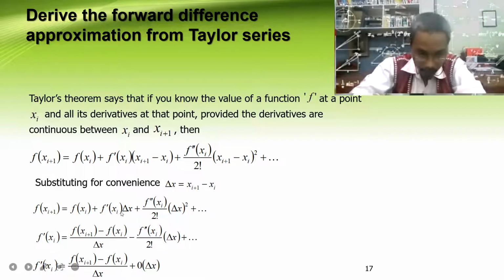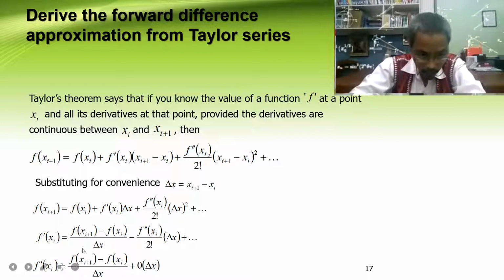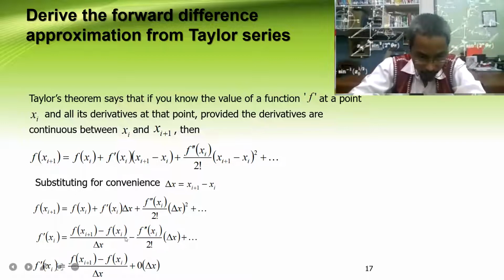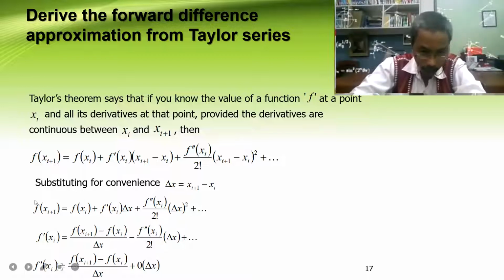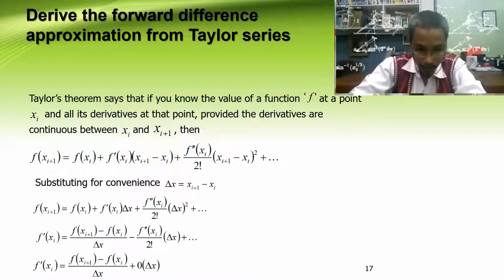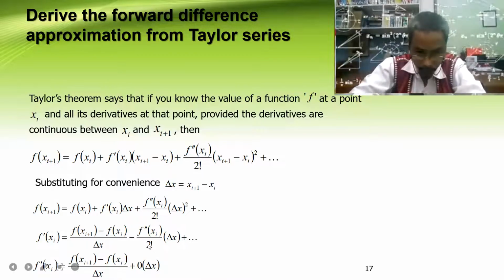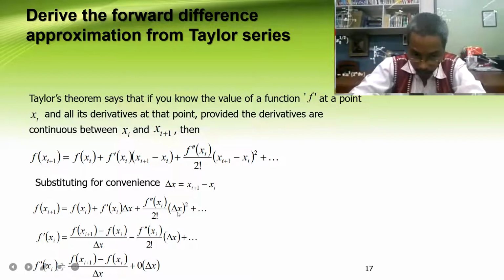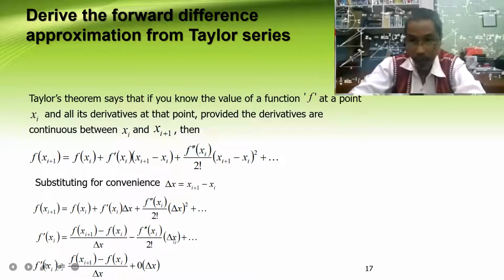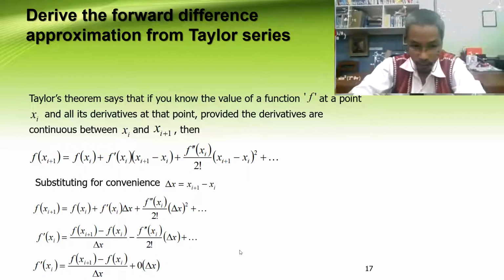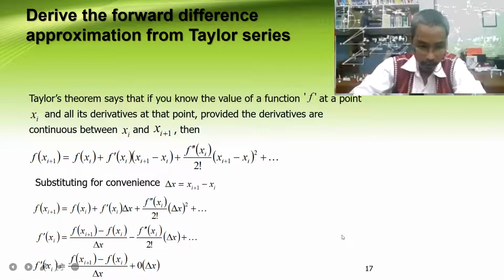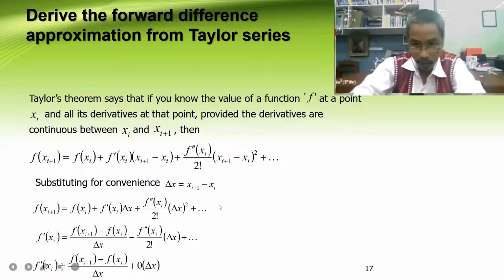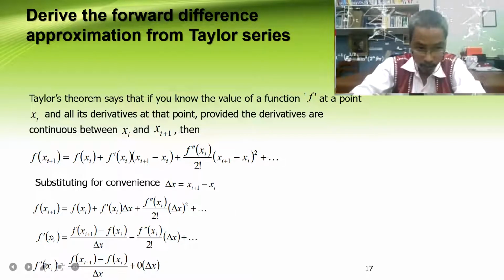If we divide all the terms by delta x, you will notice we have delta x here, minus the second derivative over 2 factorial, and delta x divided by delta x leaves only delta x remaining, and so on, with minus signs. It is the same equation, but we are solving for the first derivative.